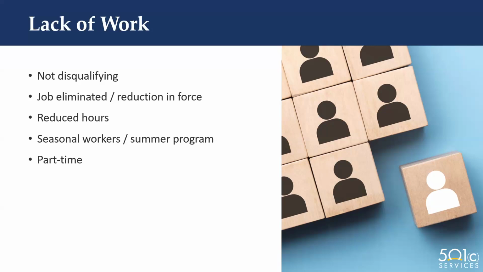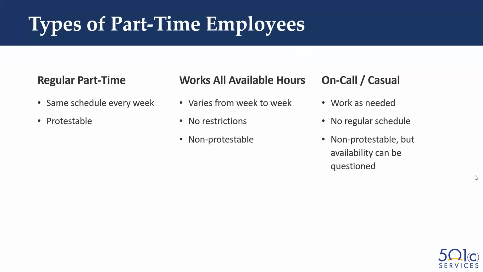When we talked about the 5 criteria for being eligible for unemployment, one of those things is availability, and that often comes into play with seasonal workers, assignment-based casual employees, part-time employees. So I'm just going to dive into some strategies for the things within the lack of work sector that you can control or influence, if you will.